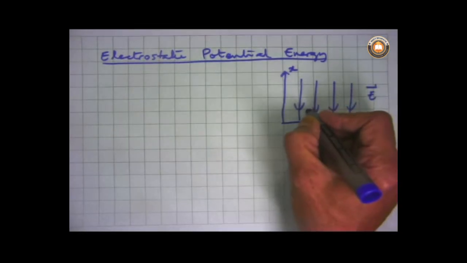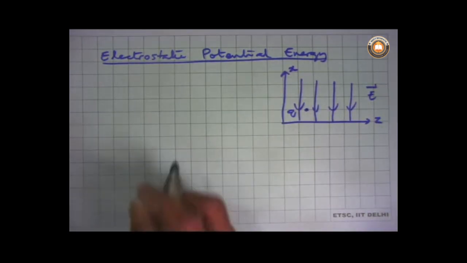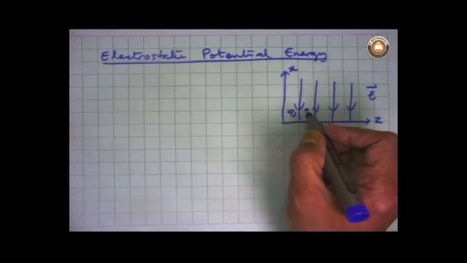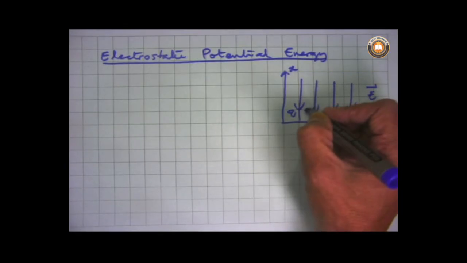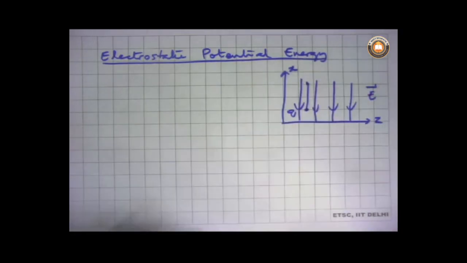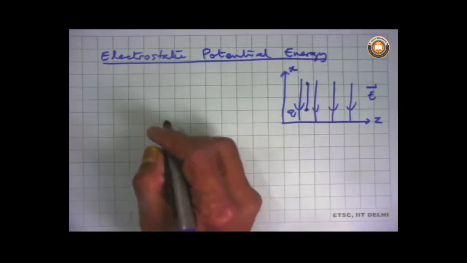If I have a charge here, say let me take a charge q, the charge q will be acted upon by an electrostatic force. Depending on the sign of the charge, the electrostatic force is either downwards or upwards. So, to move the charge from this point to another point, I have to apply an external force, and in that process the external force does work on the system.